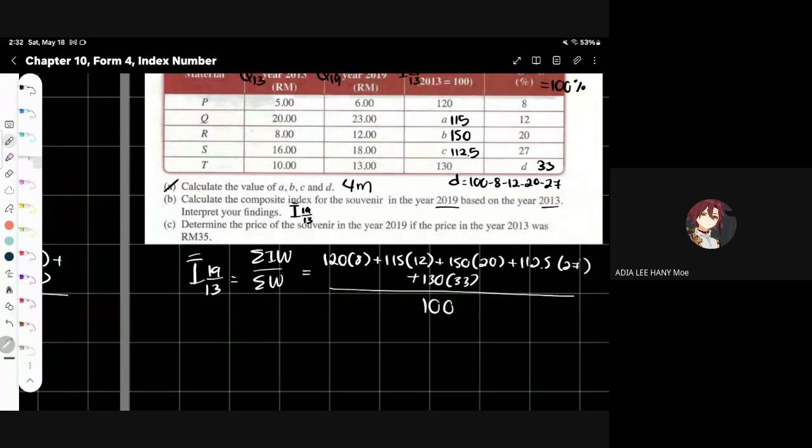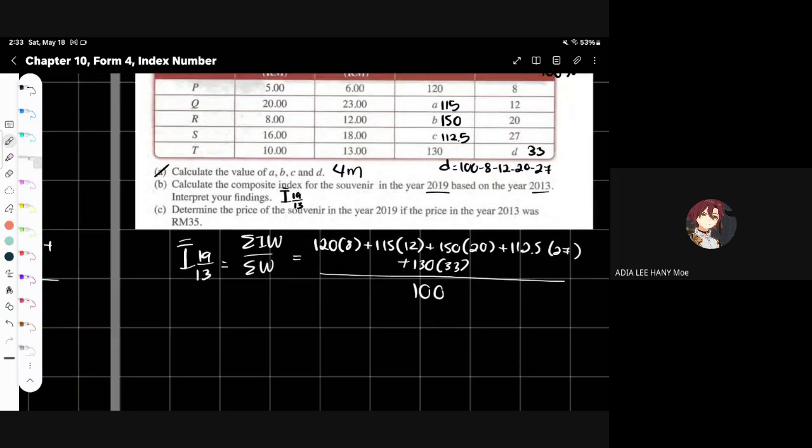100. You can also just add all of it, but yes, I'm just too lazy. So 120 times 8 plus 115 times 12 plus 150 times 20 plus 112.5 times 27 plus 130 times 33 should be divided by 100.